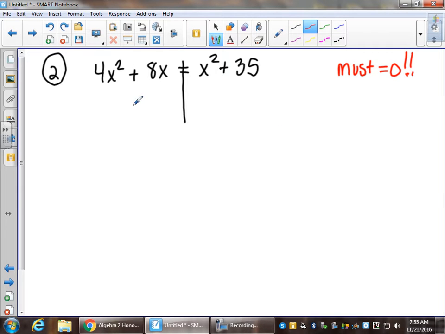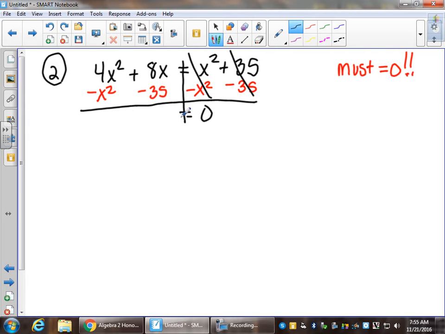Knowing where to move x squared, a general strategy we're going to use is always to keep the ax squared terms positive. So if I see that I have a 4x squared on the left and x squared on the right, I know that if I choose to subtract x squared over, I will maintain that positive ax squared value. So that's what we're going to do. We're actually going to move both terms over at the same time. So this entire right side will become the 0 that we need.